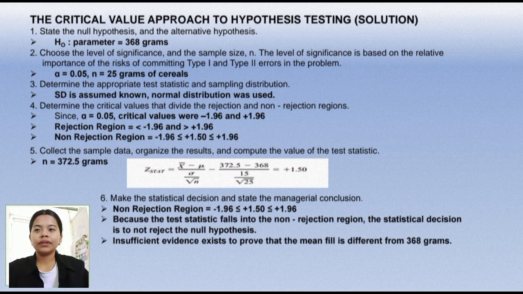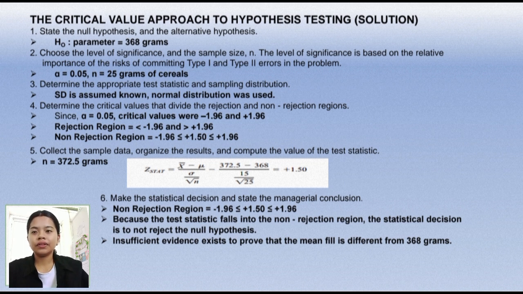And then the fourth is determine the critical values that divide the rejection and non-rejection regions. So since our alpha is 0.05, the critical values are negative 1.96 and positive 1.96. The rejection region is less than negative 1.96 and greater than positive 1.96.